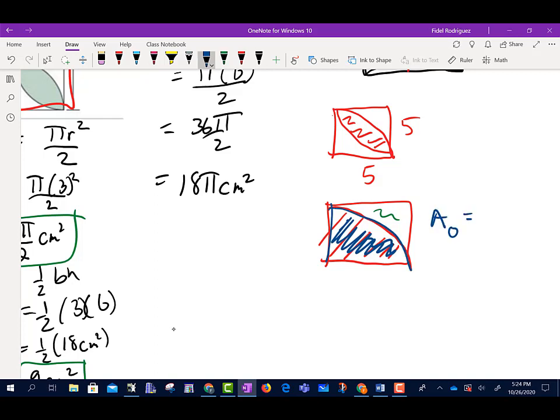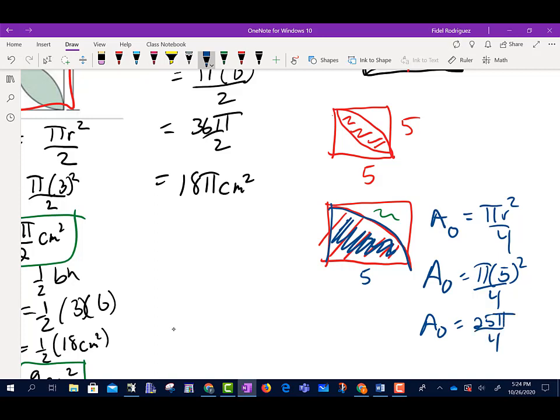So the area would be pi r squared over 4. It's 1/4 of a circle, right? So the area is going to be pi times r, our radius is 5, so 5 squared over 4. And let's see, the area is going to be 25 pi over 4. Okay.